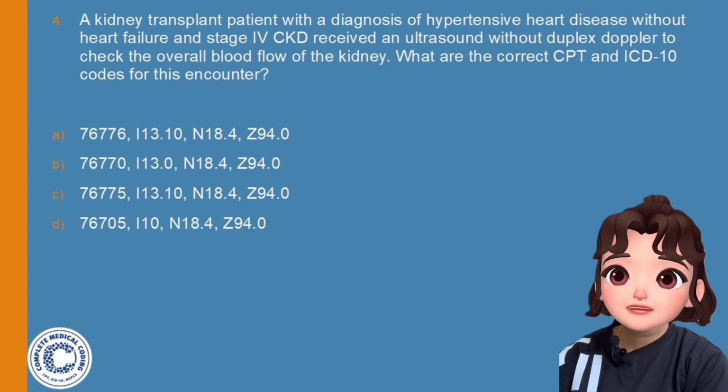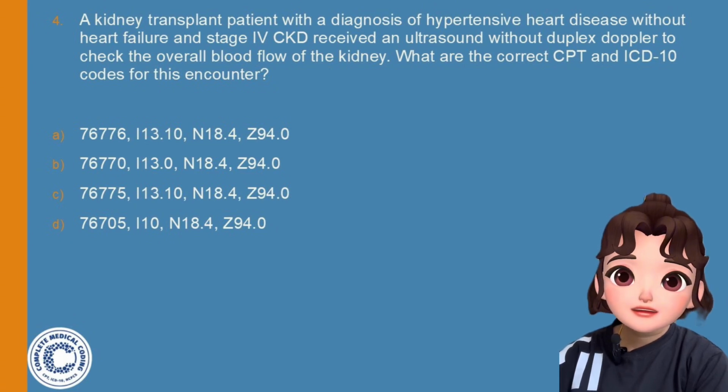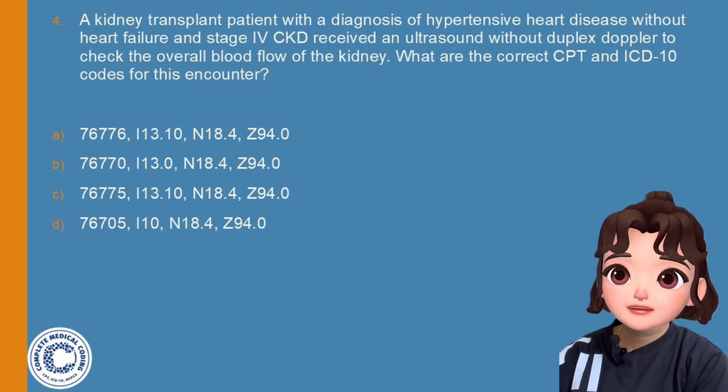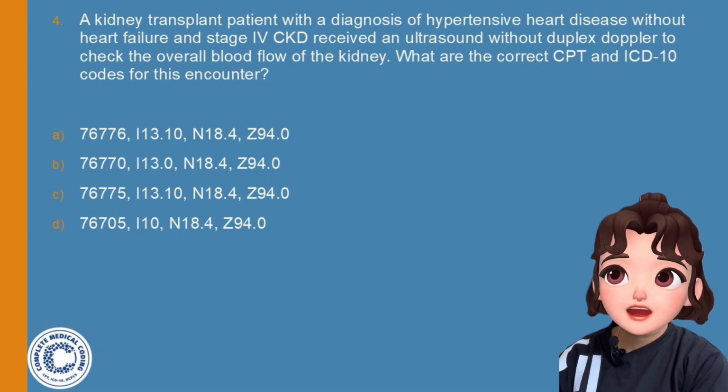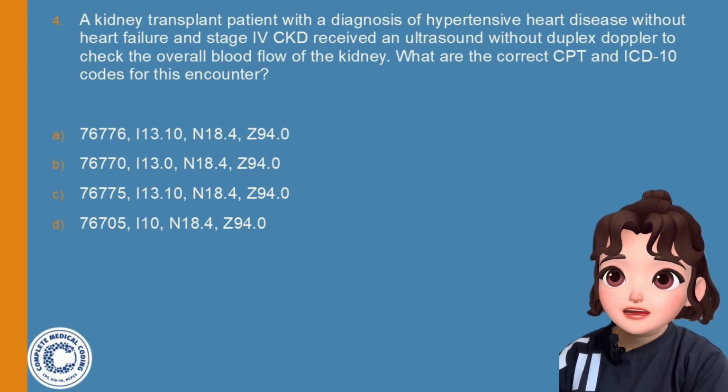So what are I10, I13.10 and I13.0? These are the 3 I codes mentioned. What is there in the first option? I13.10. What is I13.10? Hypertensive heart and chronic kidney disease without heart failure with stage 1 through stage 4 chronic kidney disease or unspecified chronic kidney disease.